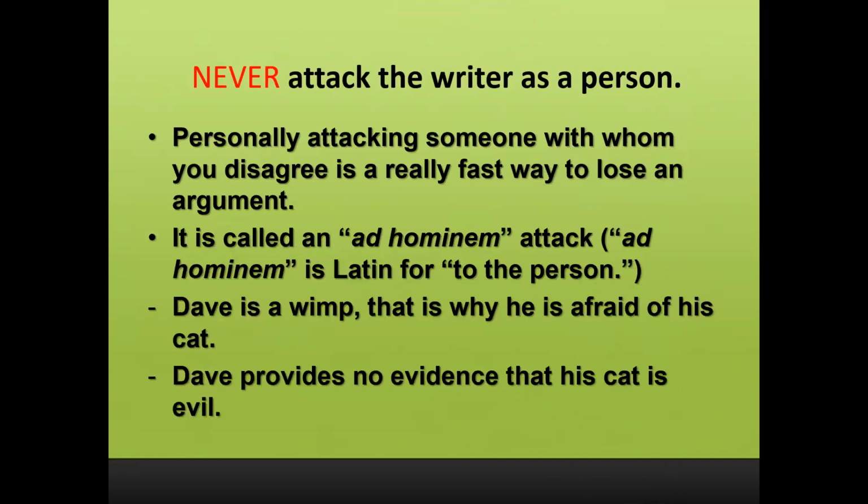Never attack the writer as a person. Personally attacking someone with whom you disagree is a really fast way to lose an argument.